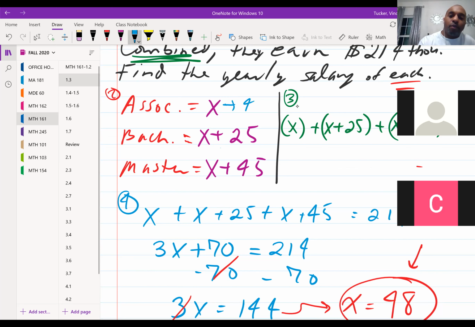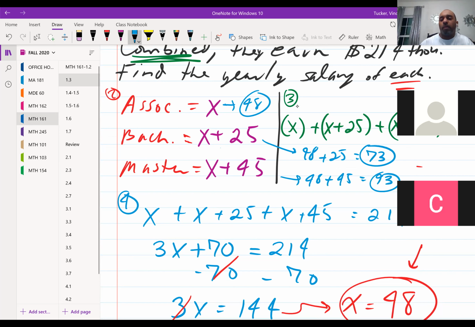So we know we have 48 right here. This next one is going to be 48 plus 25, which is going to be 73. And then here is going to be 48 plus 45, which would be 93. And those would be your 3 salaries.